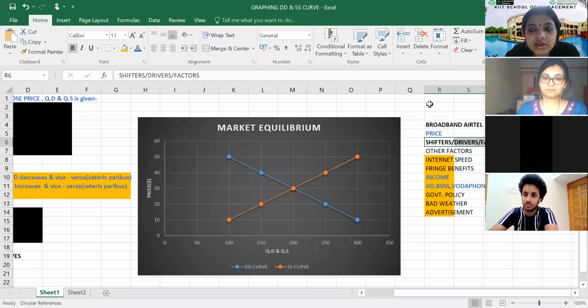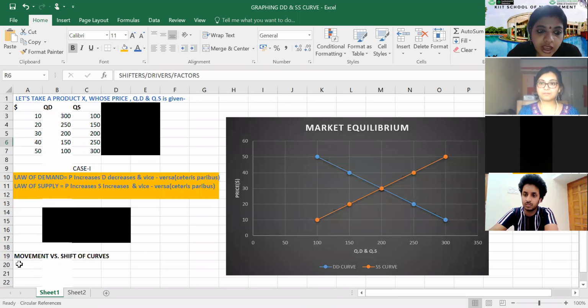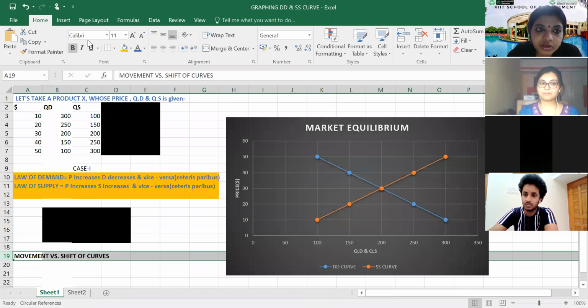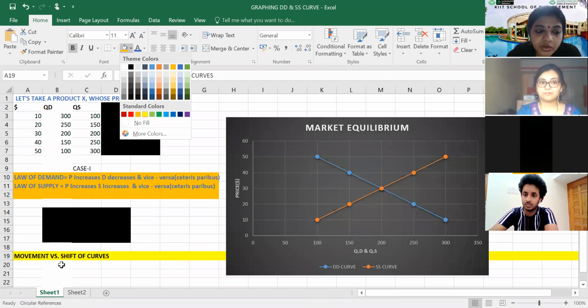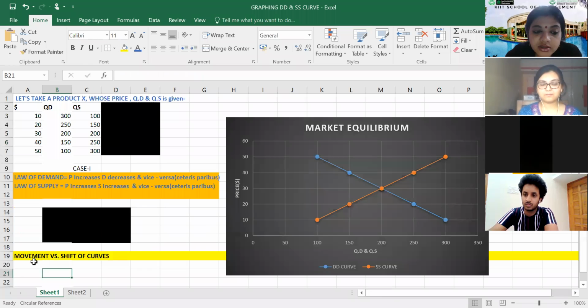So with this analysis, I'm going to explain two very important terms. One term is movement and another is shift. So I'm coming to these two fundamental phenomena: movement versus shift of the curves. Clear? So in this graph right now, what do you see?